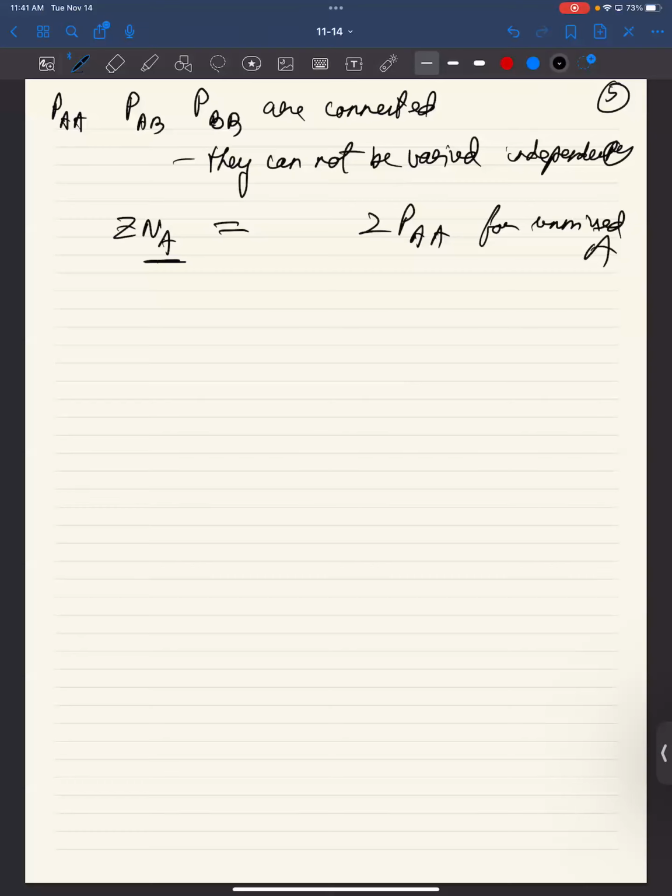What else can an A atom do? An A atom can form a bond with A. An A atom can form a bond with B, right? So it does not make any sense to talk about BB because we have already fixed one A atom, right? This is simply going to be PAB. Okay, I'm going to star this one because this is a slightly subtle argument.